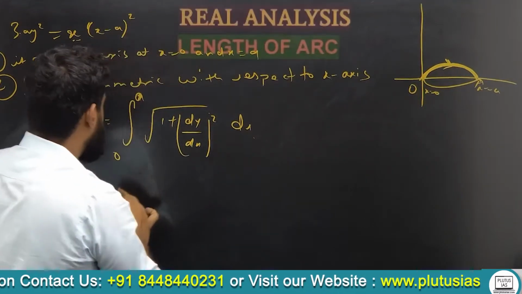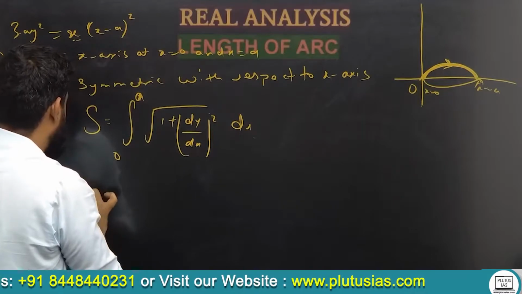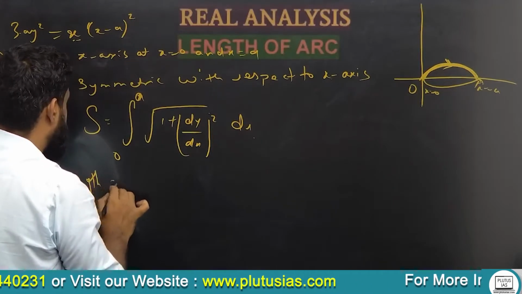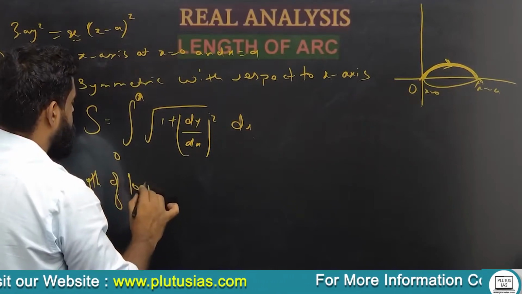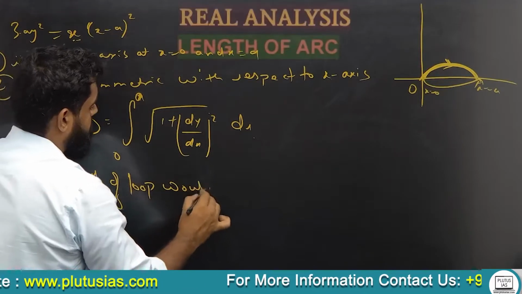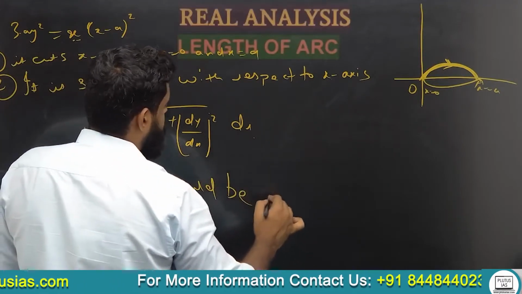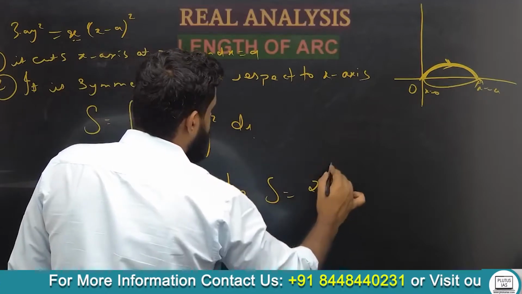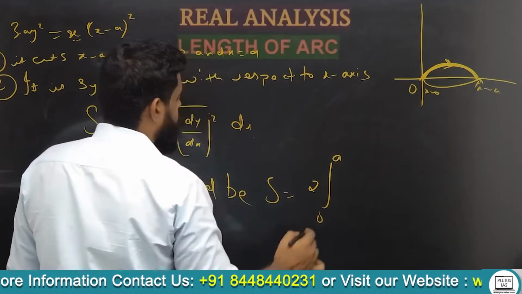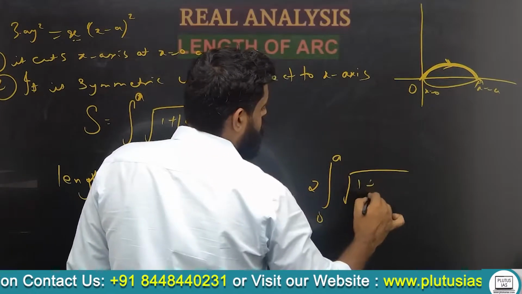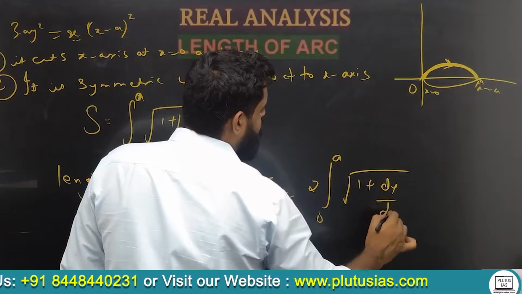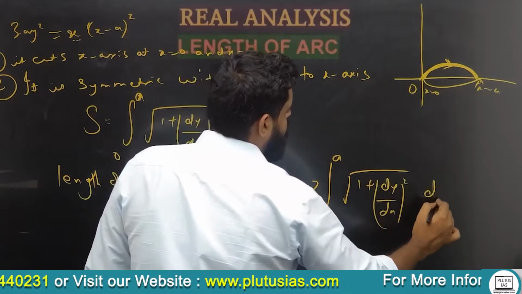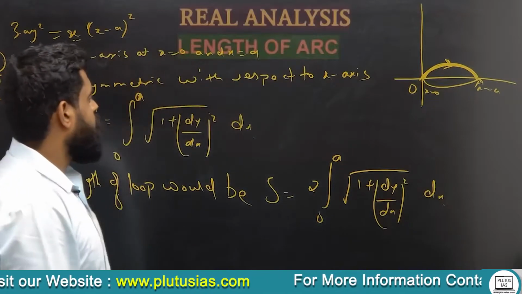So the required length of the loop will be s equal to 2 times the integration from 0 to a of the square root of 1 plus (dy by dx) whole square, dx.